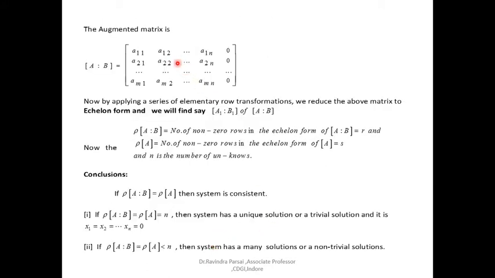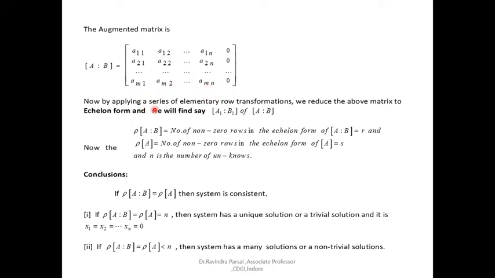In this case also, first we write the augmented matrix from the given system of equations. We write the coefficients of the given equation in the first row, and for the right hand side constant you write 0, as given in the question. Then the second row, a21, a22, a2n, 0, and so on, continuing for as many equations as you have been given, up to am1, am2, amn, 0.